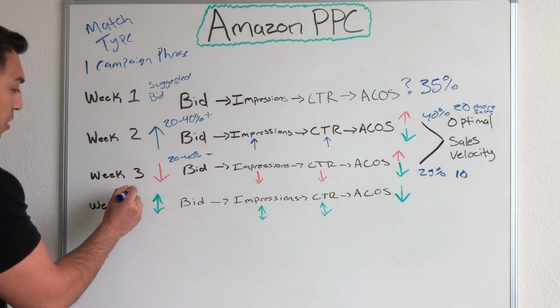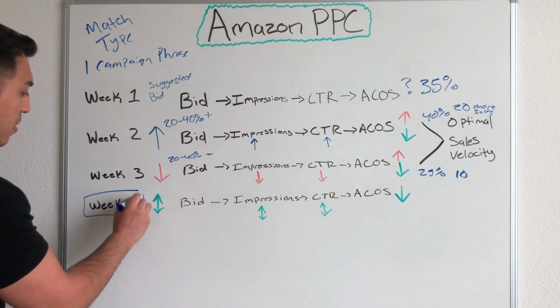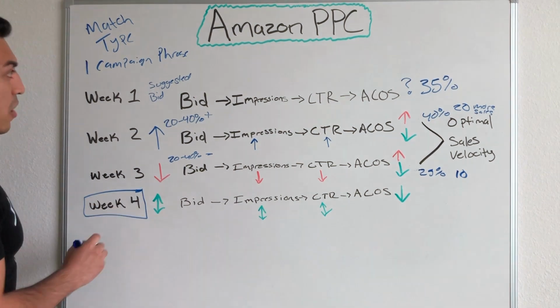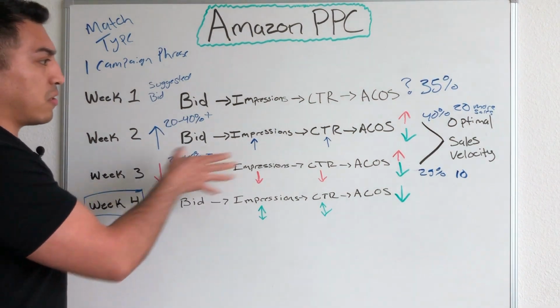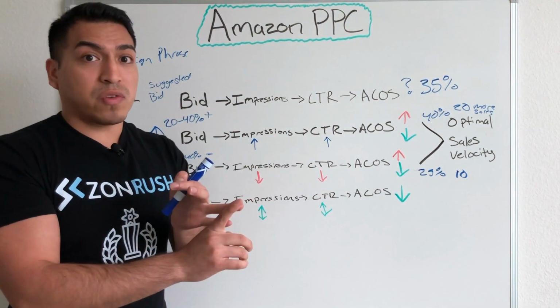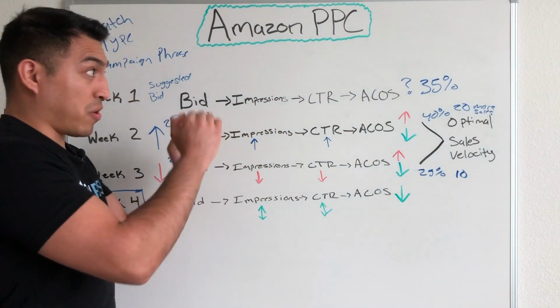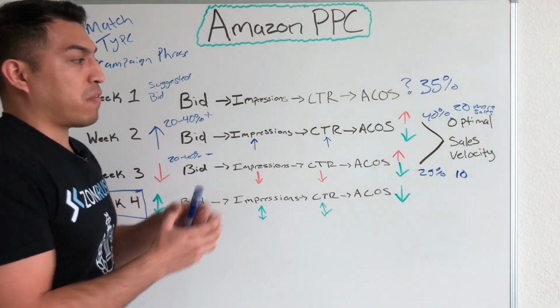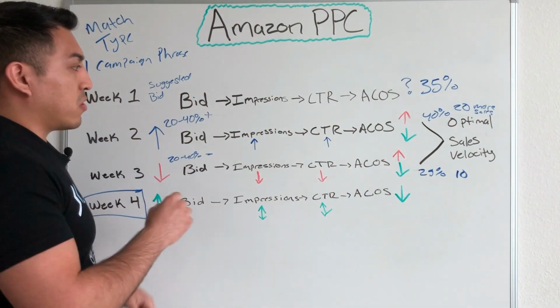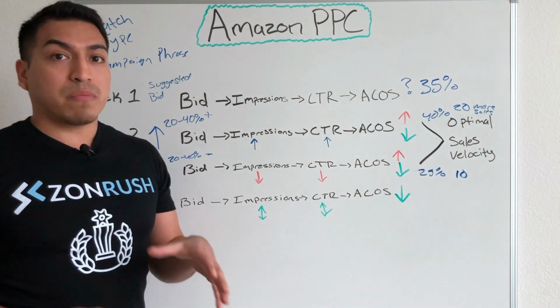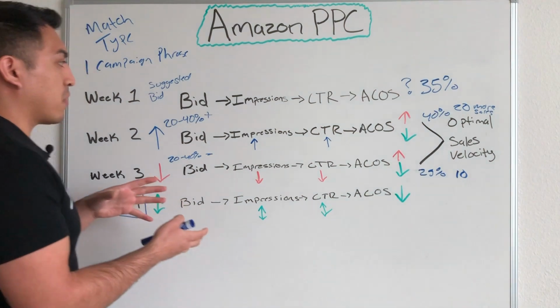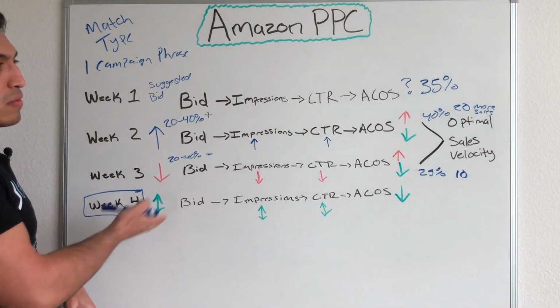So this is where everyone should be, but I can't tell you how many sellers are not testing their bids, they're not measuring sales velocity at certain bids in order to find that sweet spot, okay? So if you're currently measuring your Amazon PPC campaigns, try this experiment, okay?